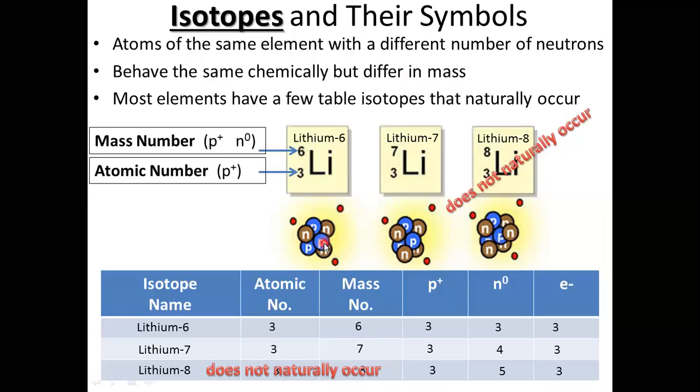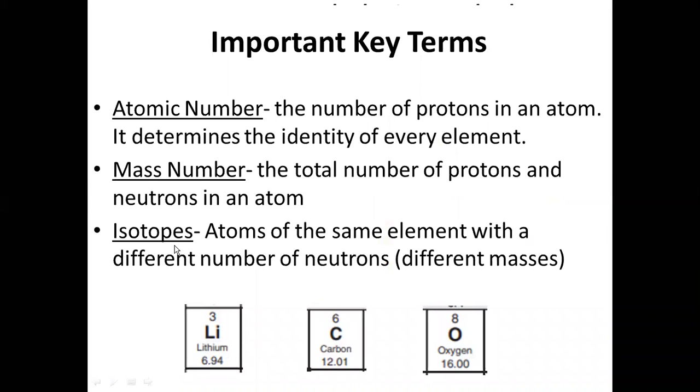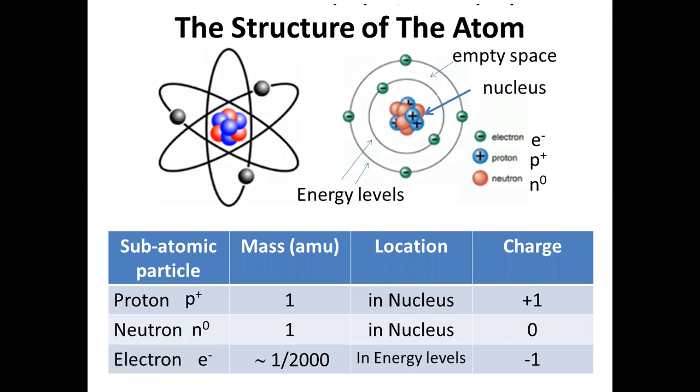So what we mean by heavier, if we go back and take a look at ideas that we looked at, the mass is based on the number of protons and neutrons. Typically, it says that an electron's mass is 1/2000th of the mass of a proton or a neutron.